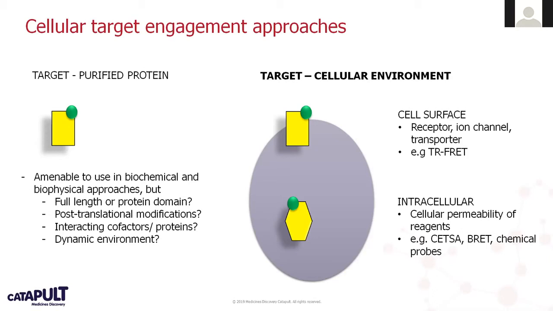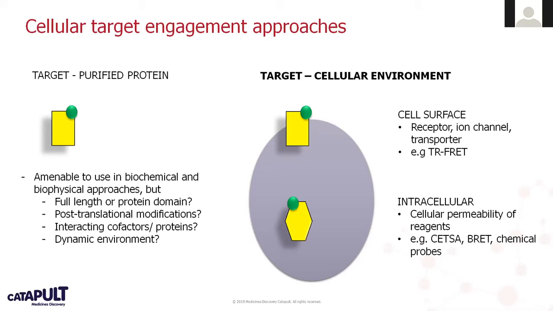But for cellular target engagement, you might have a target that can be expressed on the cell surface, a receptor such as a GPCR, and there are well-established methods, competition binding, that can characterize that ligand-target interaction. You also have the advantage that your assay reagents don't need to be cell permeable in order to perform that analysis.